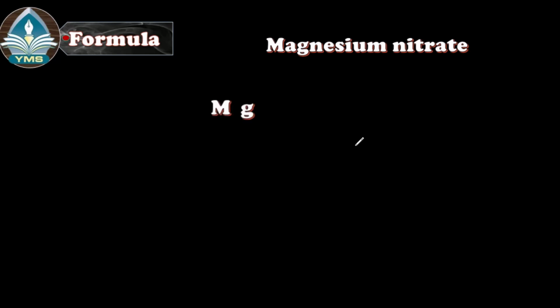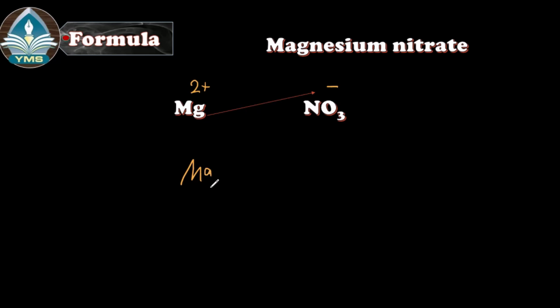Magnesium nitrate. Magnesium is Mg and nitrate is NO3. Magnesium, the oxidation is 2 positive and nitrate is 1 negative. Now everyone will take the oxidation of the other. Magnesium will take the oxidation of the nitrate, which is 1. So Mg1, we don't write it. And nitrate will take the 2, the oxidation of magnesium.